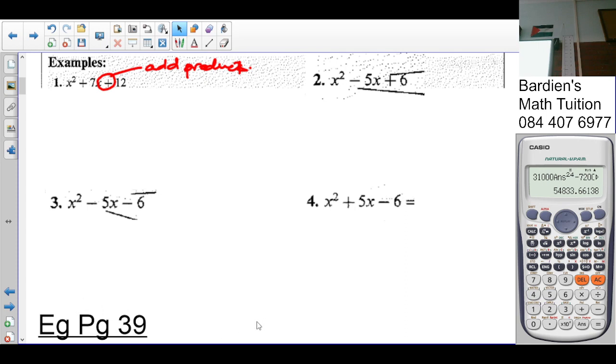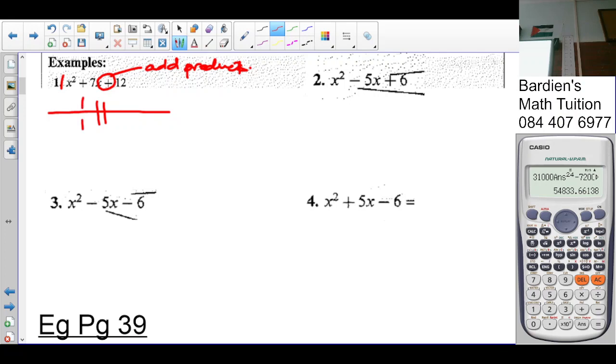So the products we're going to draw with the product line on the left hand side of that barrier. You see on the left hand side, there is a number 1 in front of x squared. Yes. What are the factors of 1? How do you multiply two natural numbers to give you 1? 1 times 1 is 1.